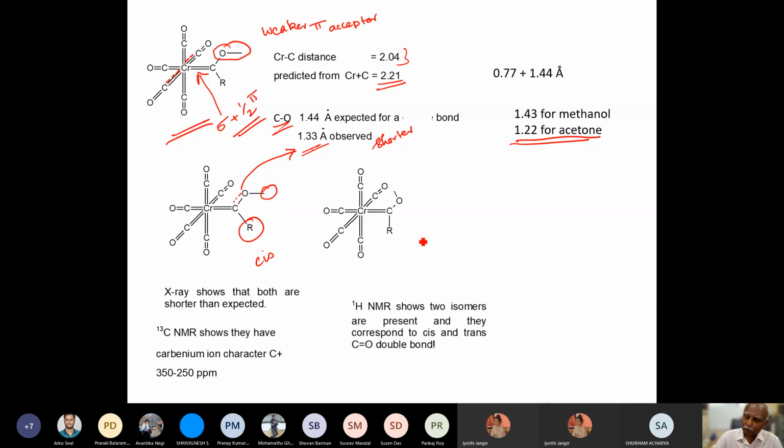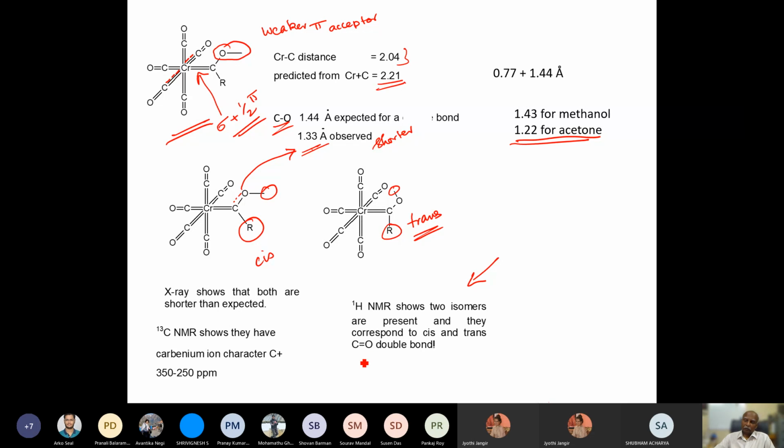can be cis or they can be trans. So in some instances, if you cool the solution of this metal complex, you can see two different isomers. So this is in fact shown spectroscopically: there is a partial double bond between the carbon and the oxygen.